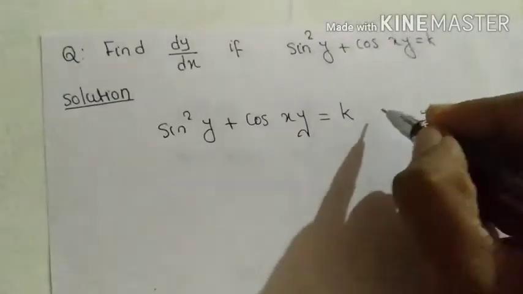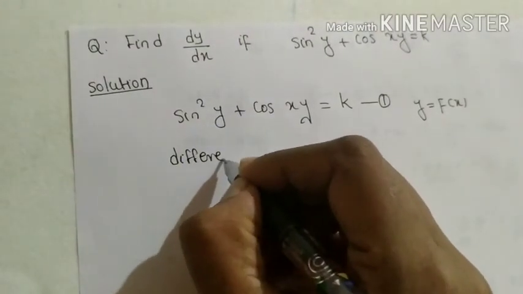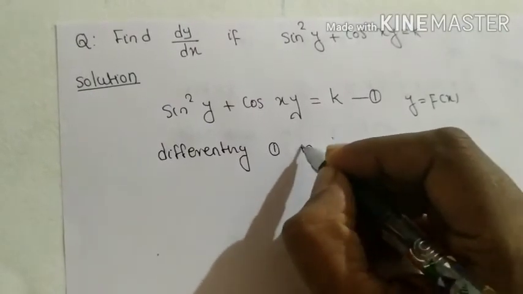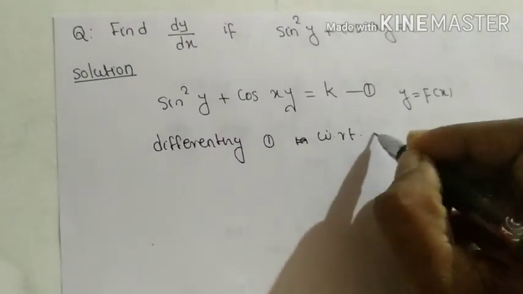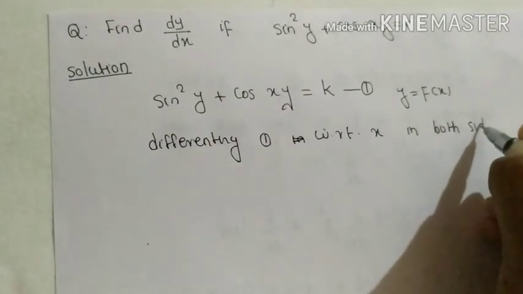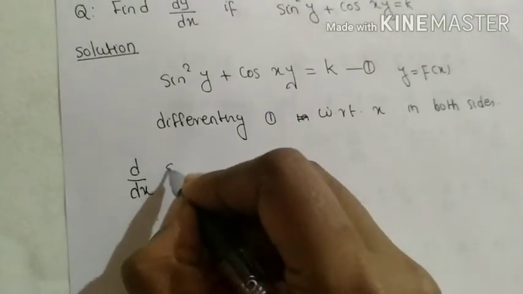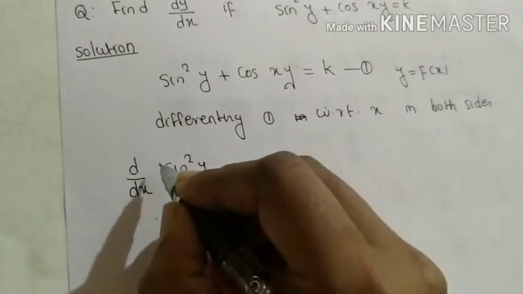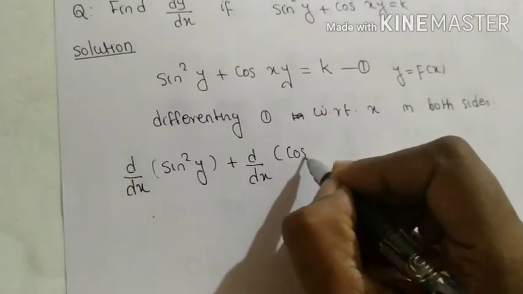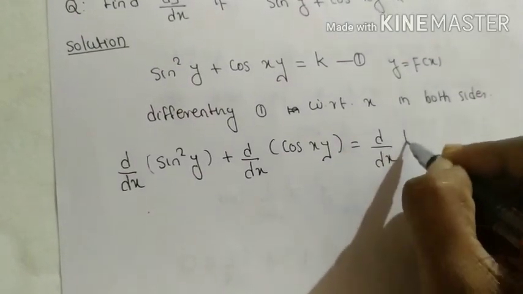So let us name it as equation number 1. Differentiating equation number 1 with respect to x on both sides, we get d by dx of sine square y plus d by dx of cos xy equal to d by dx of the constant k.